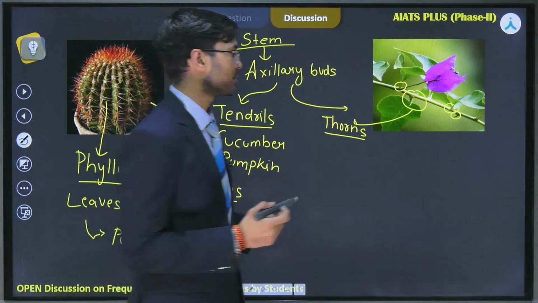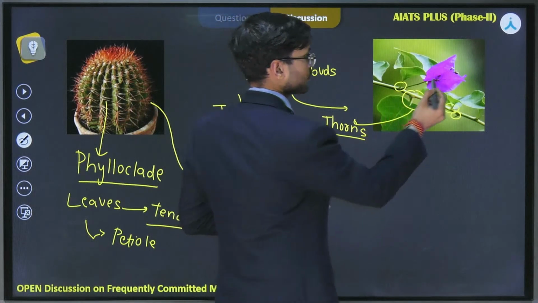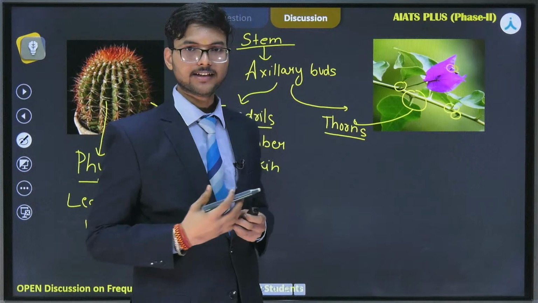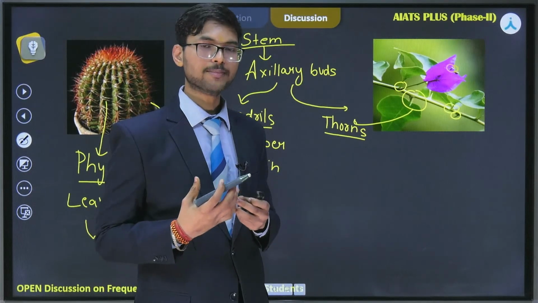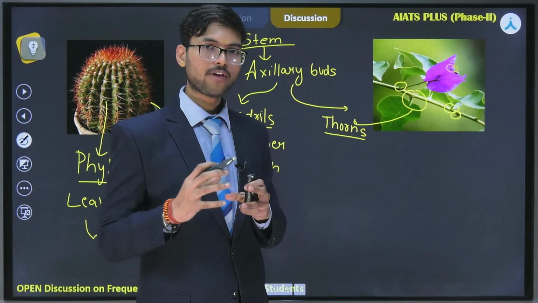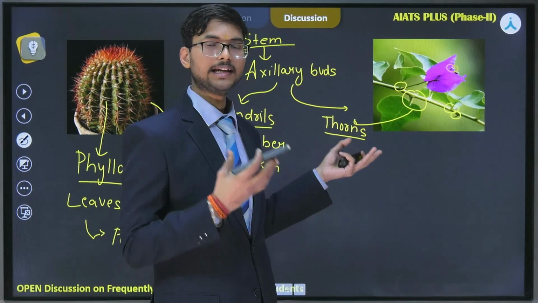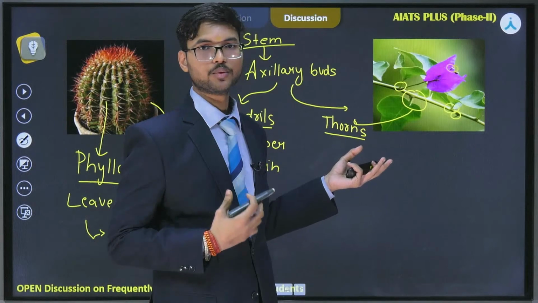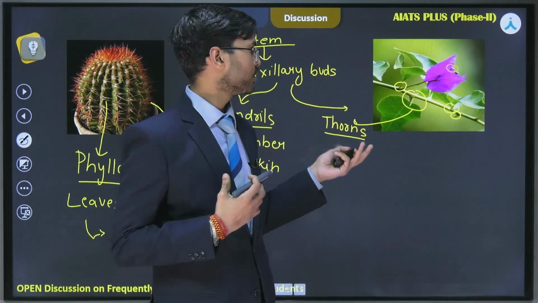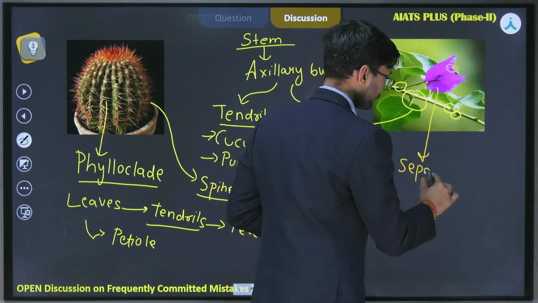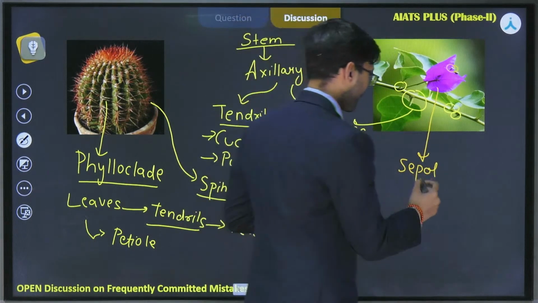So many times what happens, a flower which is quite small is not able to be visualized by the insects. So the flower modifies its sepals into colorful and very vibrant colors so that an insect can get attracted toward itself. Okay. So this is a sepal. In the case of bougainvillea, it's a sepal. So let's see the concept.